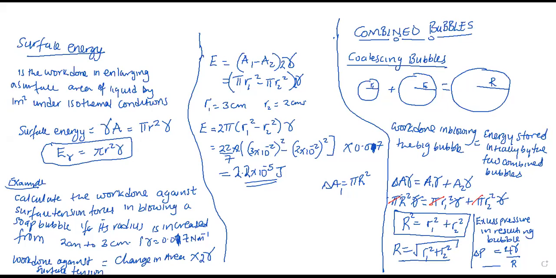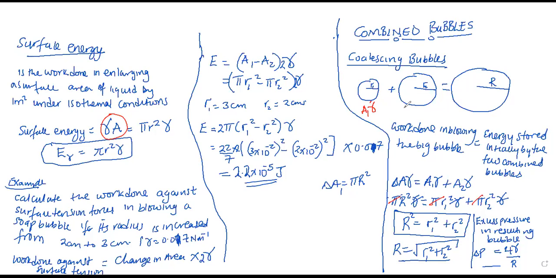Okay. Having seen that surface energy, you know energy is work done, is given by gamma times area, the energy which this bubble initially had was its area 1 times the coefficient gamma.